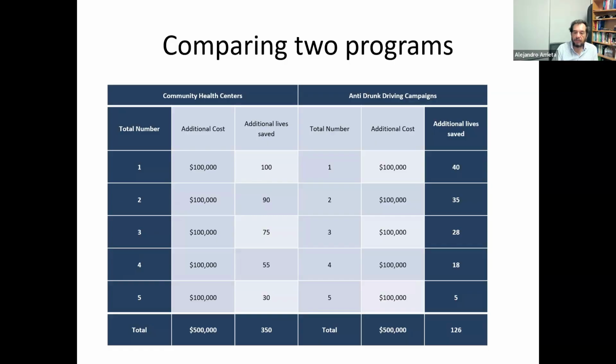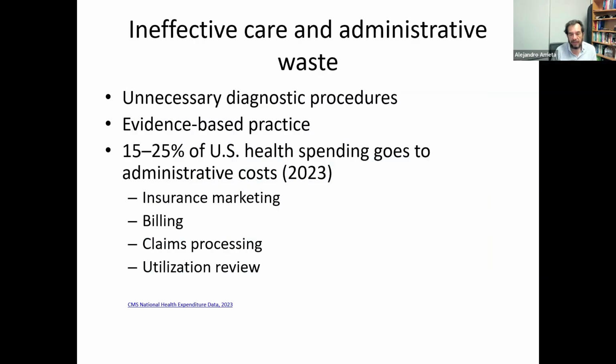Okay, so this idea of the production function tells us that there are ineffective ways of producing health, right? And one example is, of course, unnecessary diagnostic procedures. We do a lot of tests that are not necessary, that are wasting money, basically.